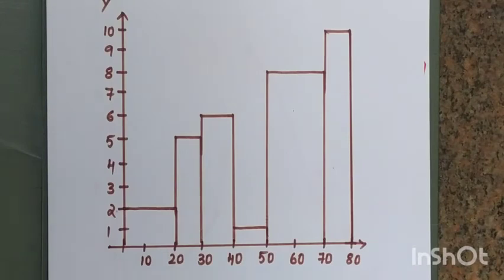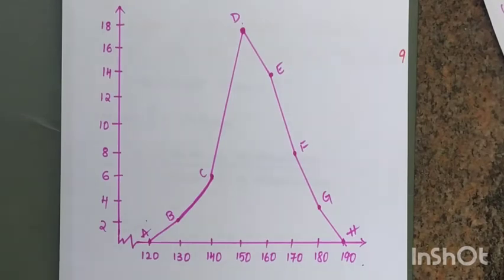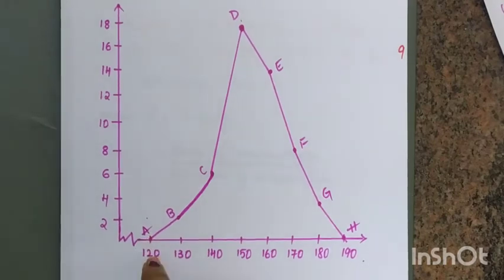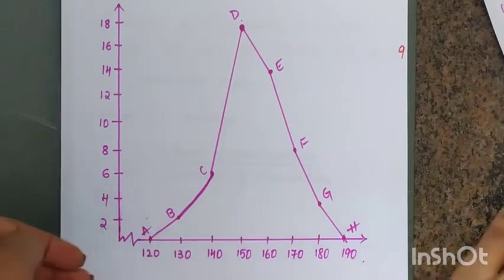And the next one is frequency polygon. Well, this is known as a frequency polygon. In a frequency polygon, the x-axis will be there as well as the y-axis, and in the same way, the values will be written on both axes. But from the beginning, you can see this symbol. I have written 120 in the beginning, but this represents the numbers before 120.